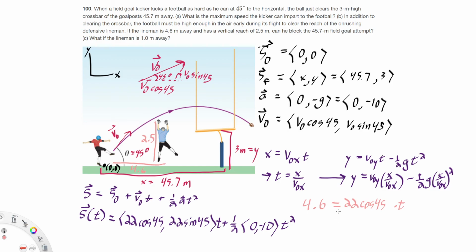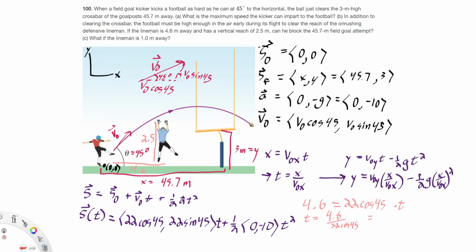So how much time does the defender have to react? The time he has to react is 4.6 over 22 cosine 45, which is not much time.